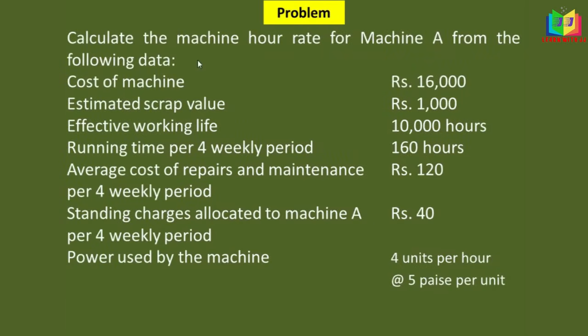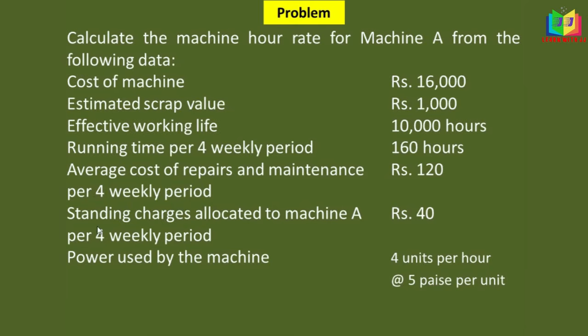Now we'll see one problem. Calculate the machine hour rate for machine A from the following data. Cost of machine 16,000, estimated scrap value rupees 1,000, effective working life 10,000 hours, running time per 4 weekly period is 160 hours, average cost of repairs and maintenance rupees 120 for 4 weekly period.